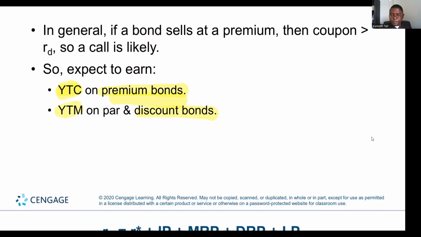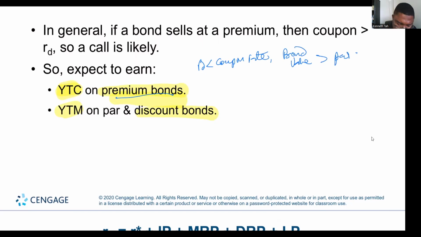Right? Let's see this concept. So for premium bond, what we said is that the yield is less than the coupon rate. So the bond value is greater than the par.